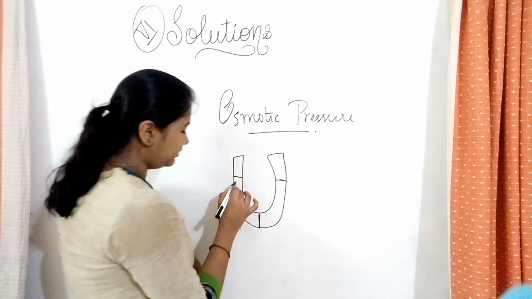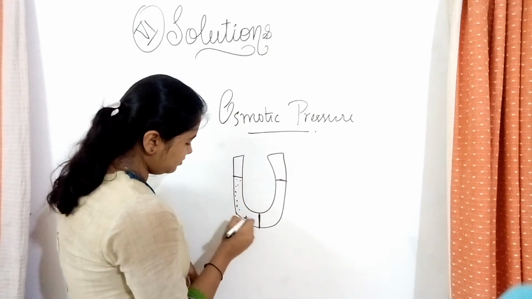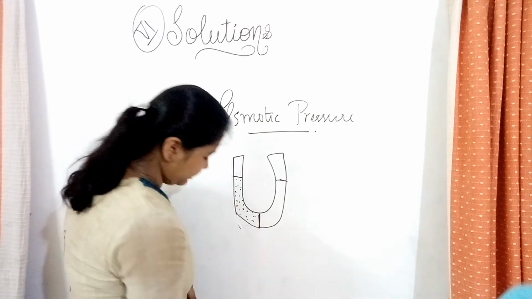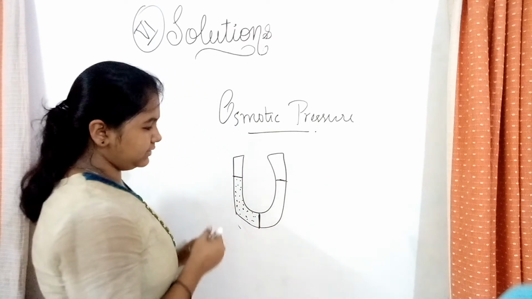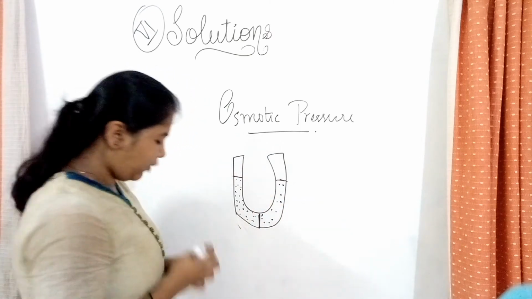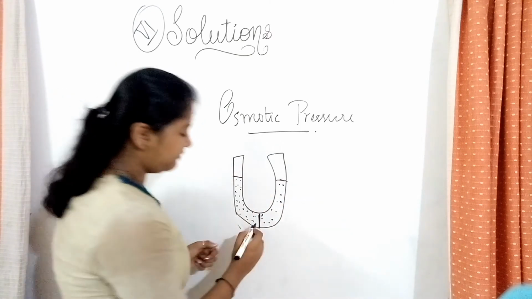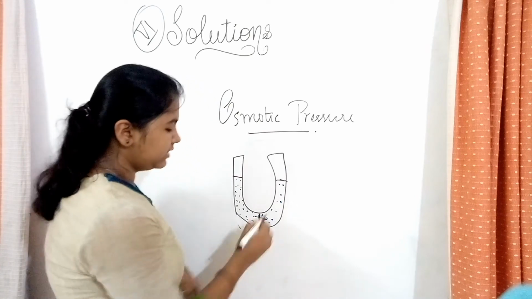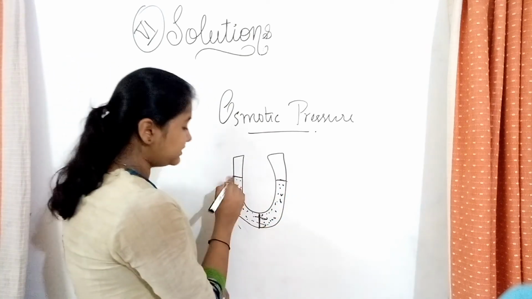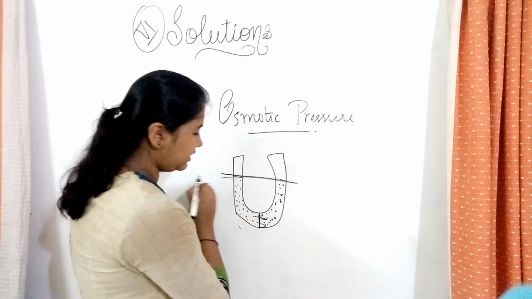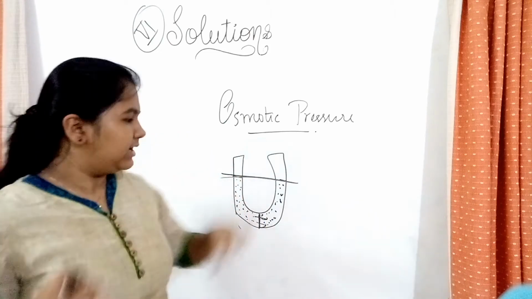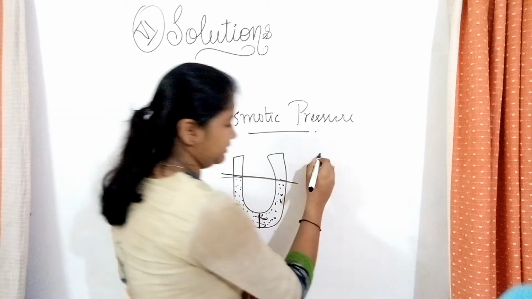This is water, and over here this is salt solution. So what would happen? The water would move from here to here. Am I right? Can you see these levels are equal? See, there's a balance.